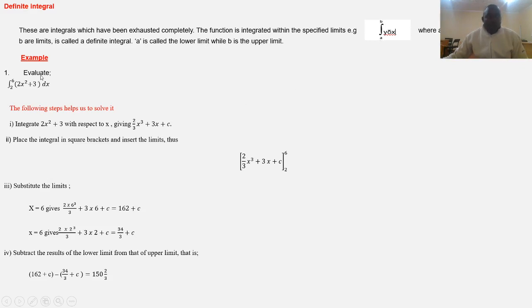An example: we evaluate the integral from 2 to 6 of 2x squared plus 3 with respect to x.